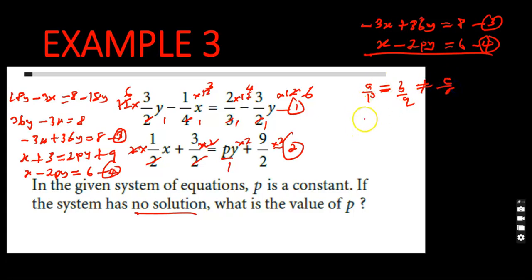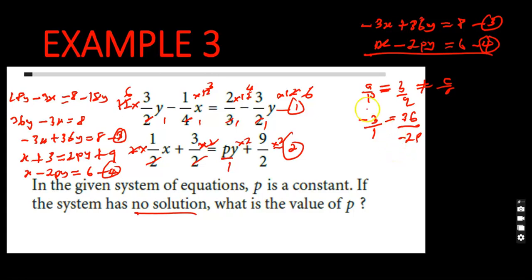So our a in this case is minus 3 over our p here is 1, equals to our b is 36, the coefficient of y in equation 3, over our q is minus 2p.